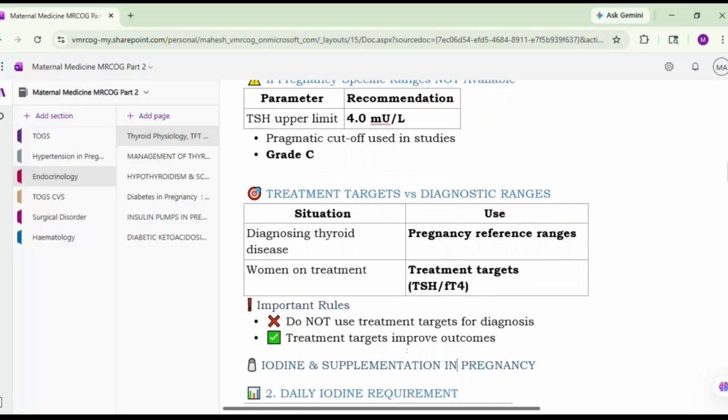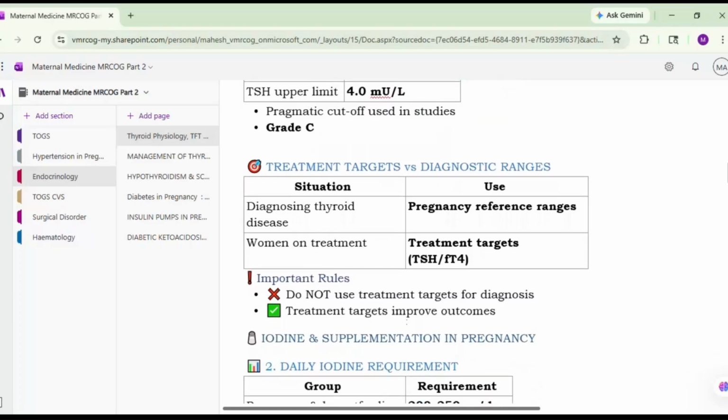Okay, then treatment targets and diagnostic ranges. These two are different concepts. For diagnostic purpose, we should use the trimester specific range and the manufacturer specific range. While for treatment targets, these levels are different, which we will discuss when we discuss hypothyroidism or hyperthyroidism. So for diagnosing the thyroid disease, use the pregnancy specific ranges.